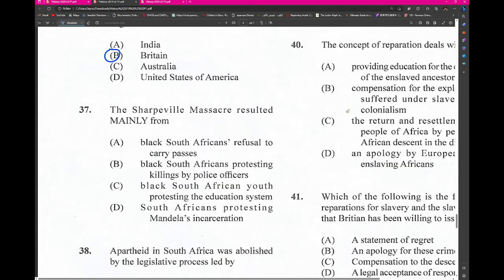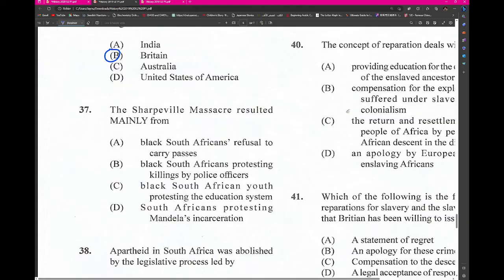The Sharpeville massacre resulted mainly from black South Africans' refusal to carry passes, black South Africans protesting killings by police officers, black South African youth protesting the education system, or them protesting Mandela's incarceration. So what was the cause of the Sharpeville massacre? Remember it was a black township, and they had them in different townships.